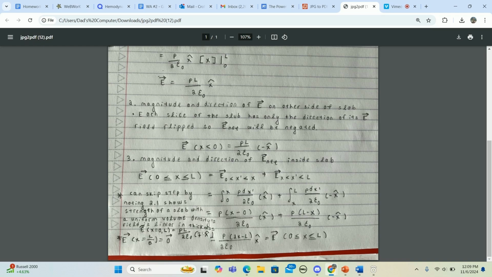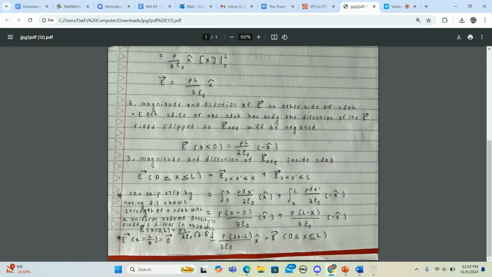So we know that the net electric field inside of the slab is equal to the electric field from the part where 0 is less than x, added to the electric field from the part where x is less than L. Then we can apply our electric field formula and integrate from 0 to x and from x to L for each of the respective electric fields.